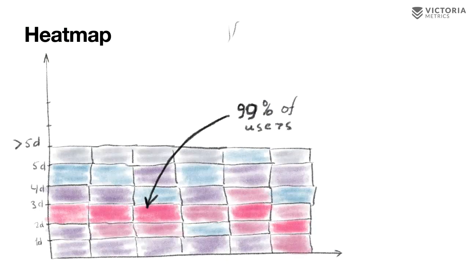Sir Alex built these heat map graphs, and he found that usually 99% of users received mail in 3 days.